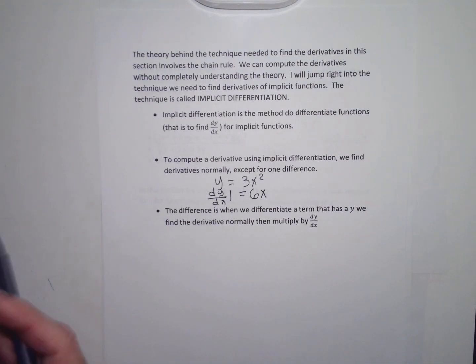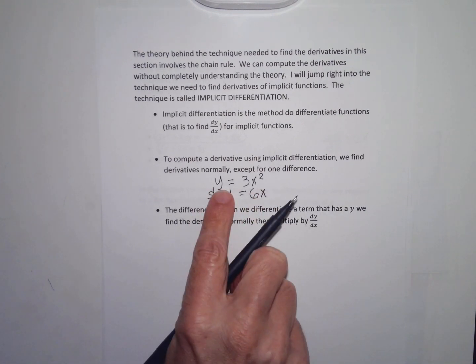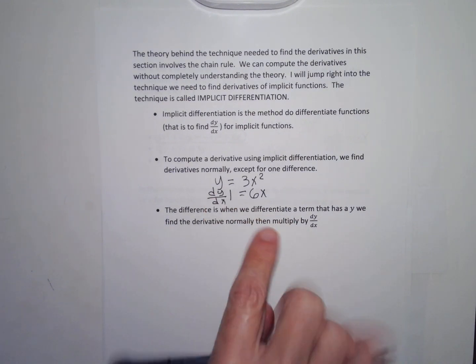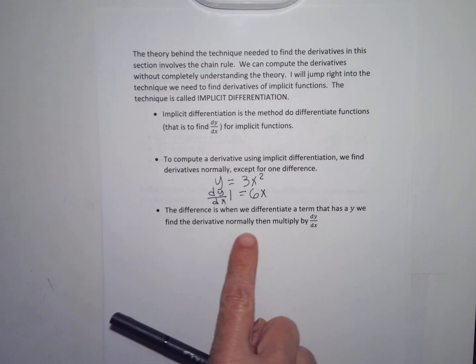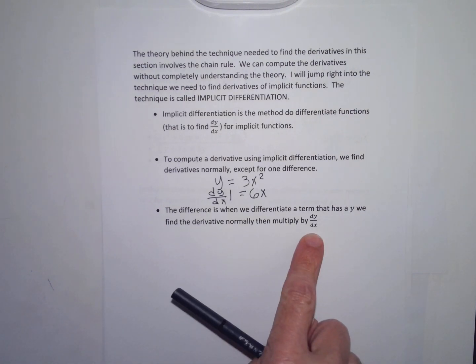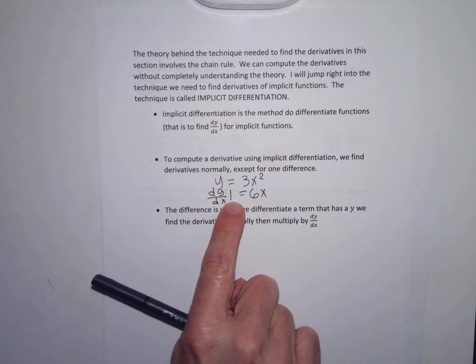So if we're using the long notation for the derivative, I've been doing this all the time. This problem is an explicit function. It's explicitly solved for y, but in some sense, I've been using this strategy. I found the derivative normally, except when we find the derivative of a y term, we tack on dy dx. It's just that here, the y term had a derivative of 1, so I didn't show the derivative of the y term.